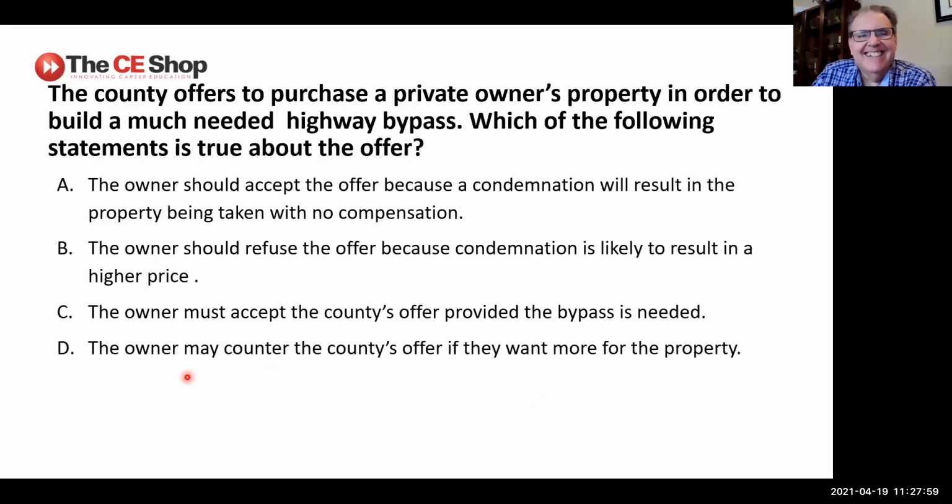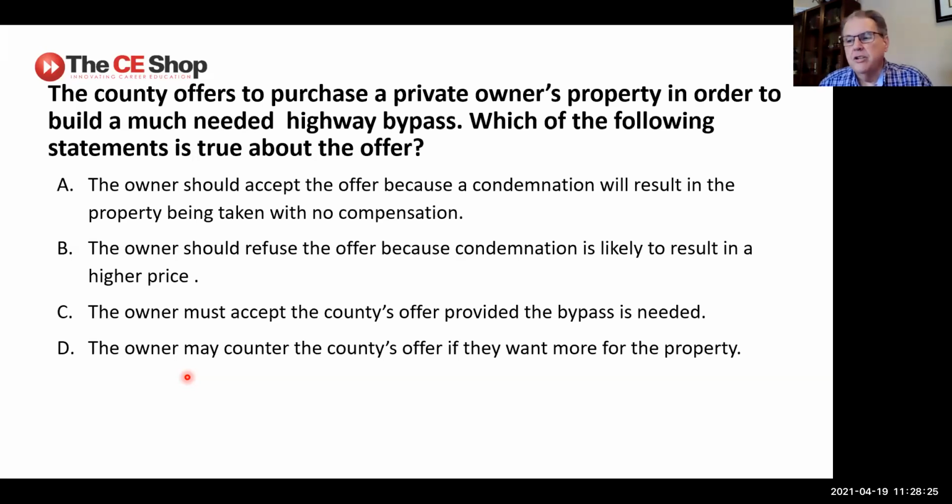Oh, well. It's a long question. The county offers to purchase a private owner's property in order to build a much-needed highway bypass. Which of the following statements is true about the offer? The owner should accept the offer because a condemnation will result in the property being taken with no compensation.